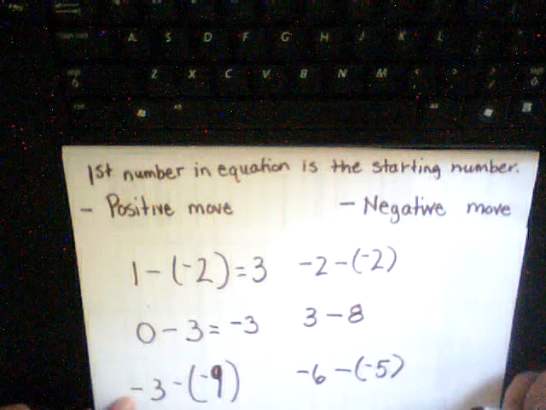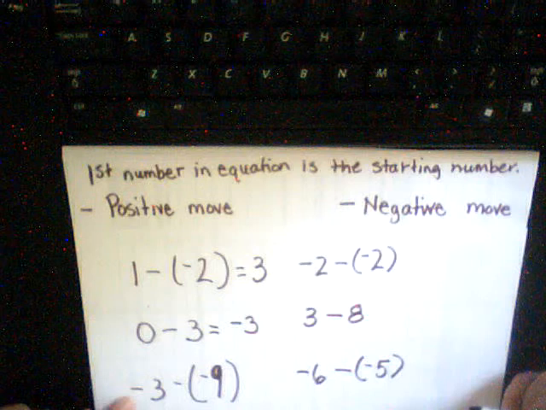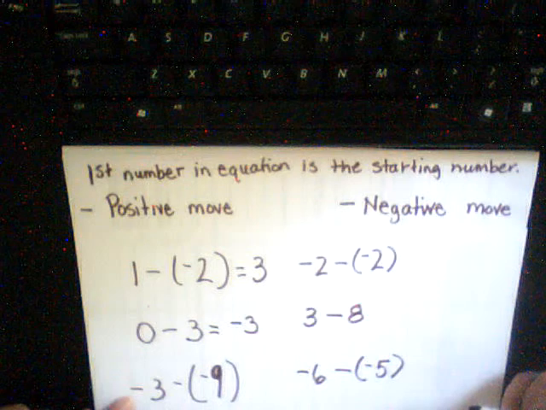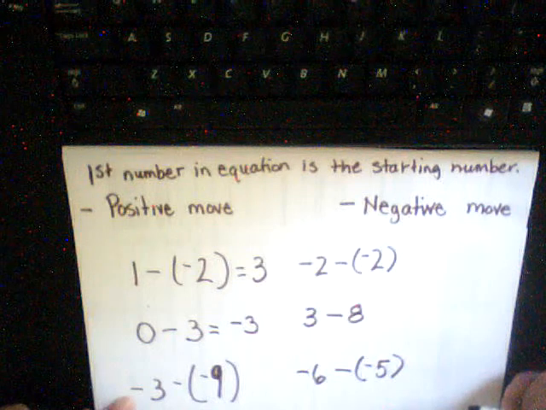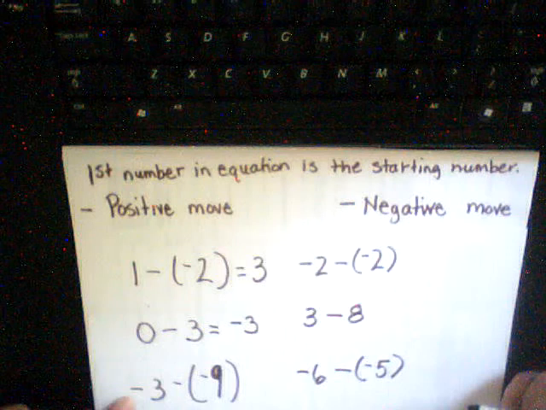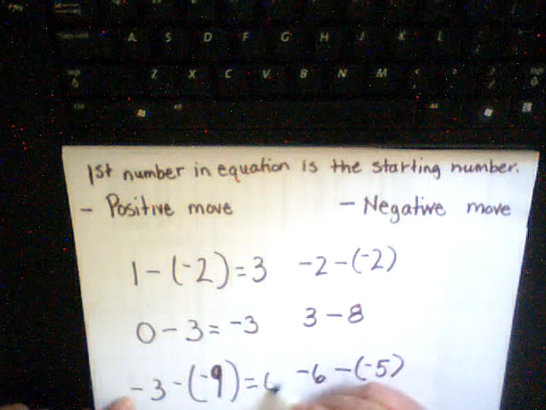Negative 3 minus a negative 9. That would be the same as negative 3 plus 9, which would be a positive 6.